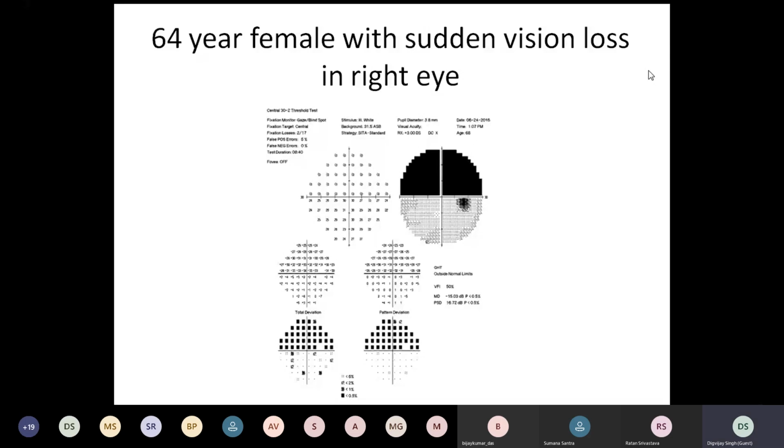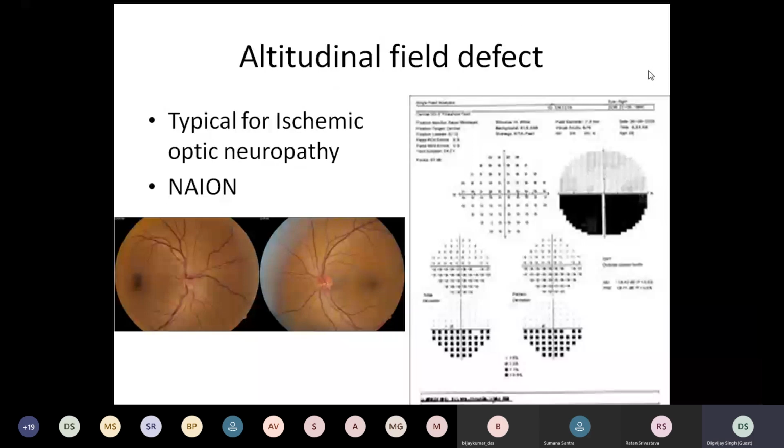This is called an altitudinal field defect. An altitudinal field defect could be a superior altitudinal or an inferior altitudinal field defect, affecting half the field above or below. And this is quite typical for ischemic optic neuropathies, NAION. What you can see here is an inferior altitudinal field defect associated with a superior NAION, and so you get a disc margin, disc edema with some pallor. And why do you think it is in this meridian?